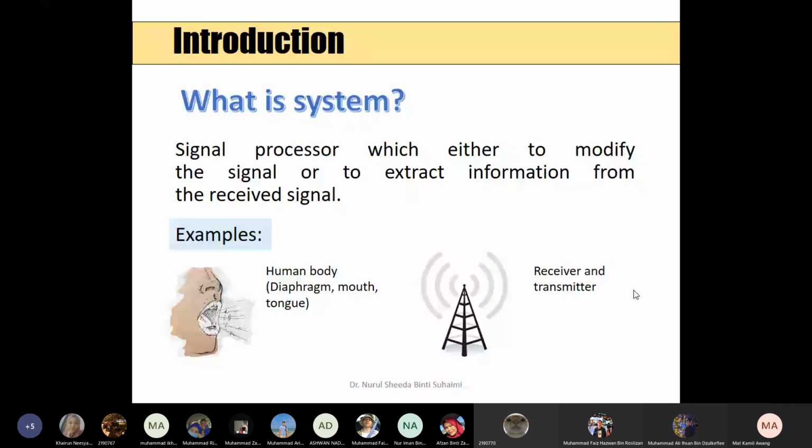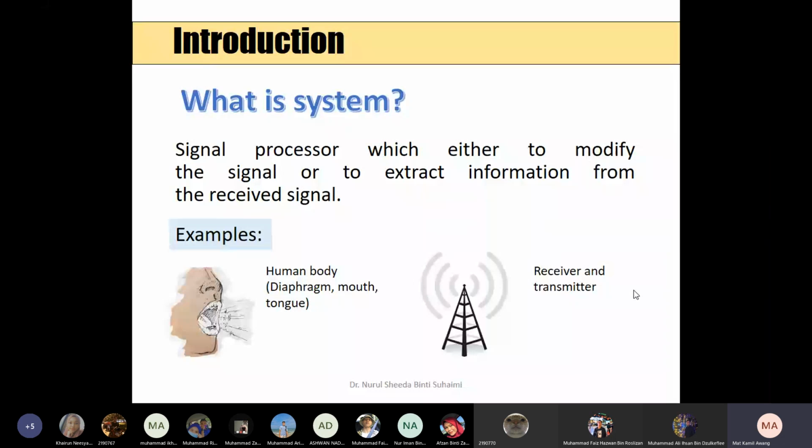This signal is part of a system. You have an input signal and you have an output. And what is a system? A system is a signal processor which either modifies the signal or extracts information from the received signal.